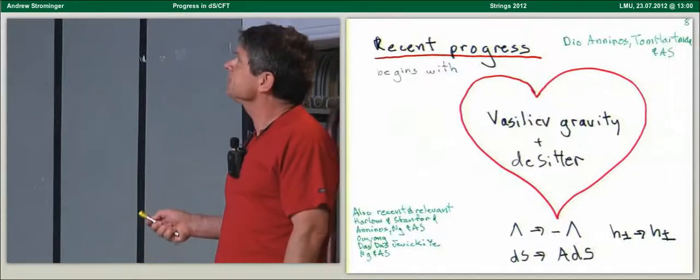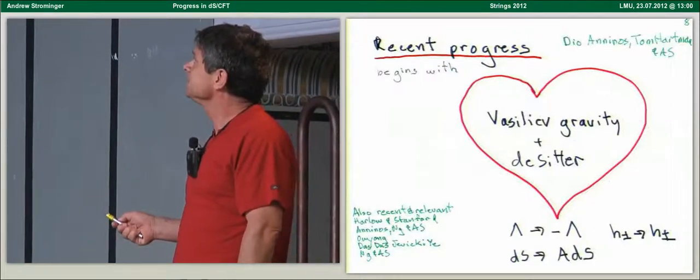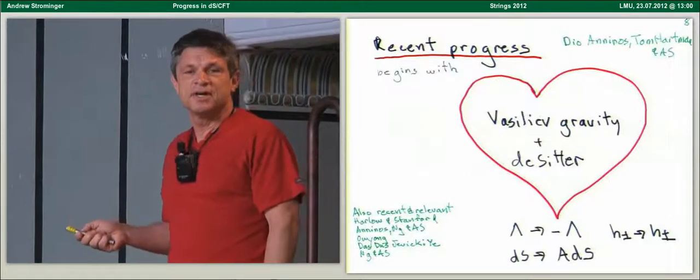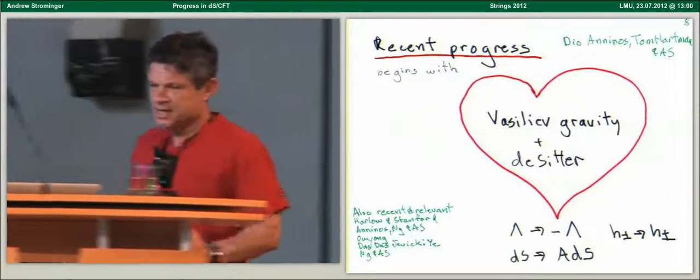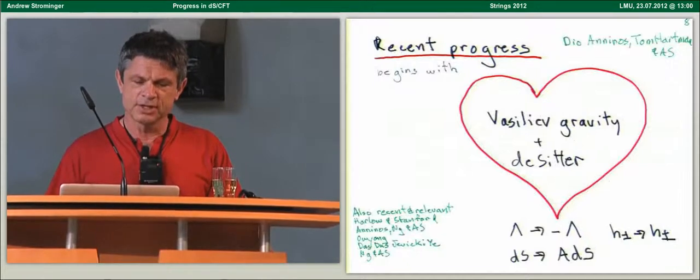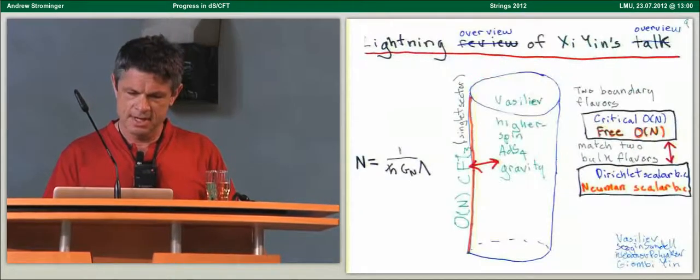If you take lambda goes to minus lambda, you find that de Sitter space becomes anti-de Sitter space, and moreover, all the conformal weights are unchanged under this transformation, and in particular, there are no imaginary conformal weights in Vasiliev gravity, they're all real.